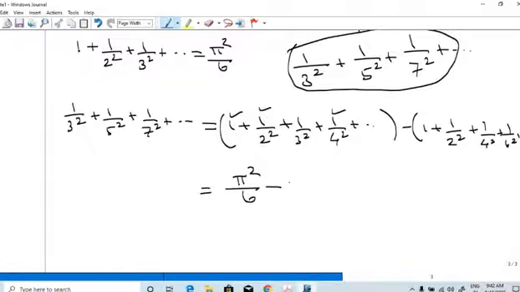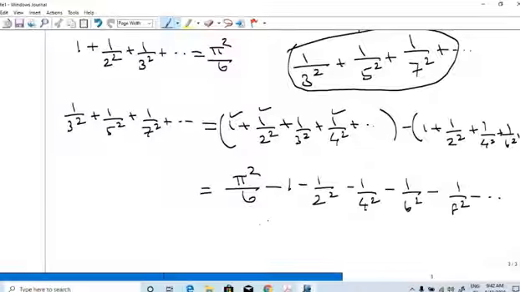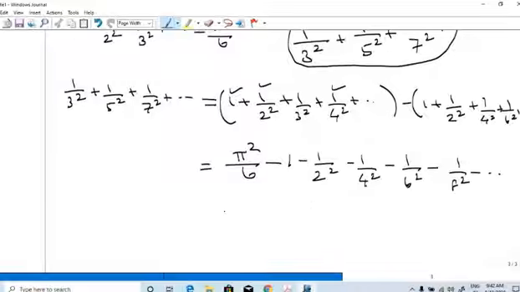So better we take 1 by 2 square outside. So minus 1, just multiply the minus inside, therefore minus 1 by 2 square, minus 1 by 4 square, minus 1 by 6 square, and so on, minus 1 by 8 square, everything is an even power. Okay, and so on. So now it's nothing but pi square by 6 minus 1.